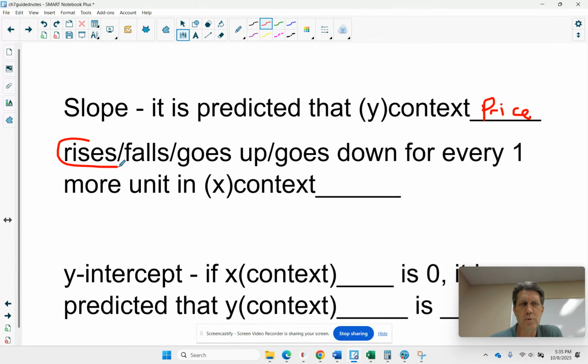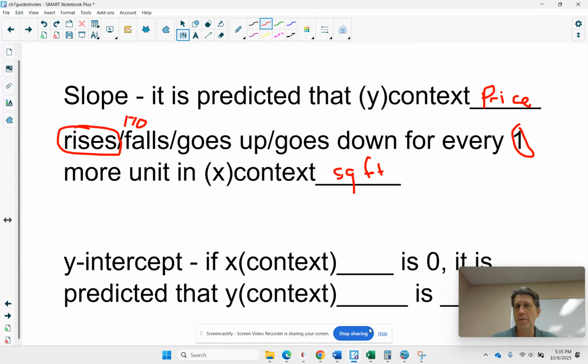So in this case, it rises $170 for every one more unit in x. And what was x? One more square foot. Now, I'm just using that as an example. Those blanks are going to change from problem to problem. This number, 170, is going to change from problem to problem. X will go up 1 unit every problem.